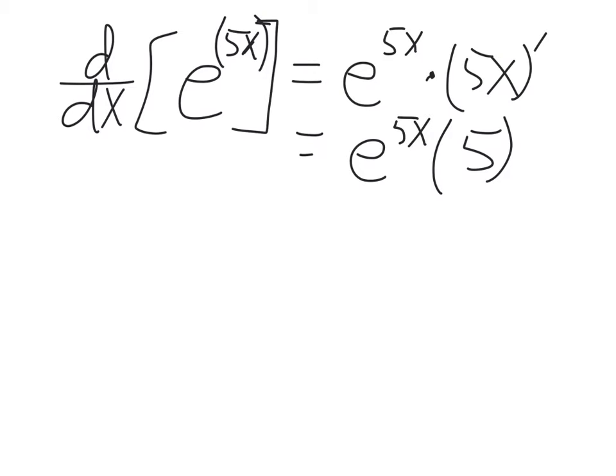For the bases, I will only give you base e on the test. Now later on, we may expect you to remember, or at least be able to find, what the derivative of 2 to some power would be. But for this test, I'm going to limit it to just the base e, logarithms, and the exponential. Okay.